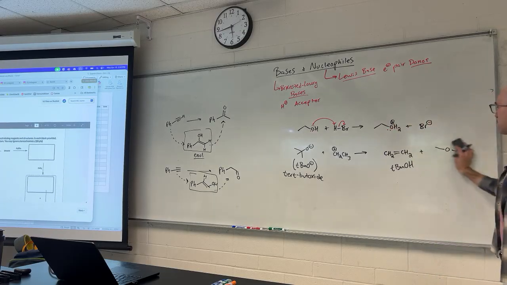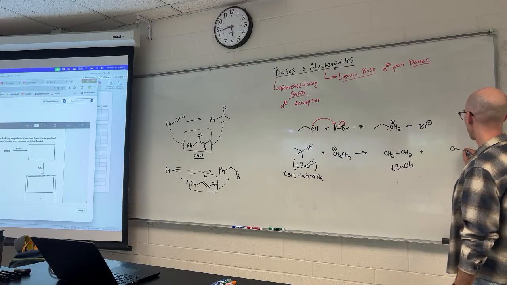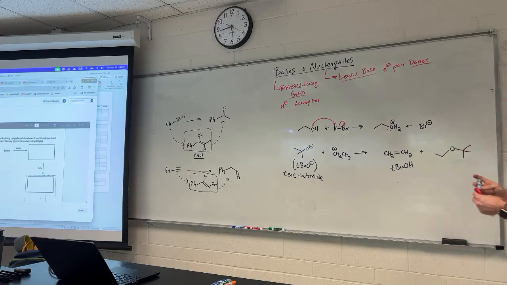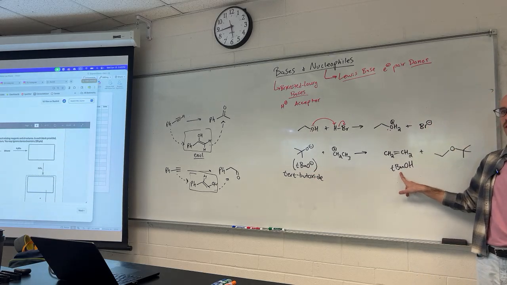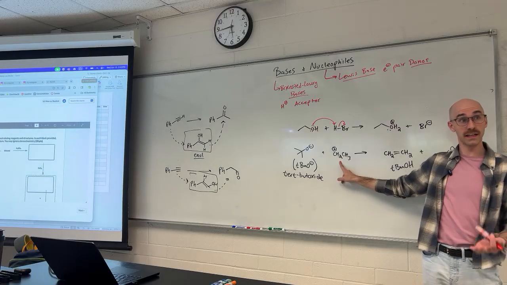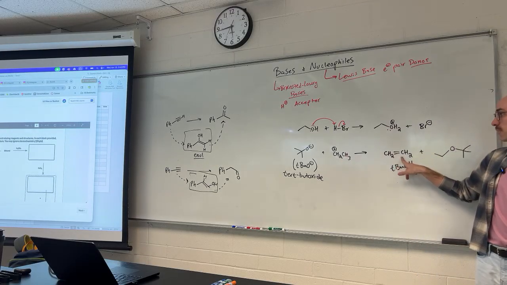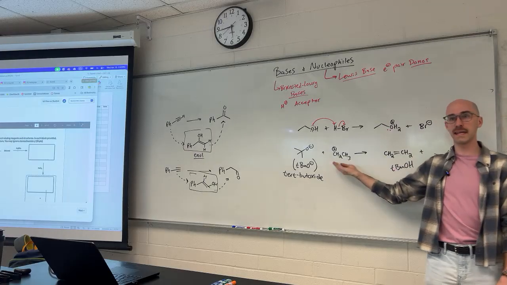One thing is tert butoxide might act as a base. It accepts a hydrogen ion and goes from tert butoxide to tert butanol, which means that my carbocation is serving as the acid. It donates a hydrogen and becomes an alkene. Elimination.